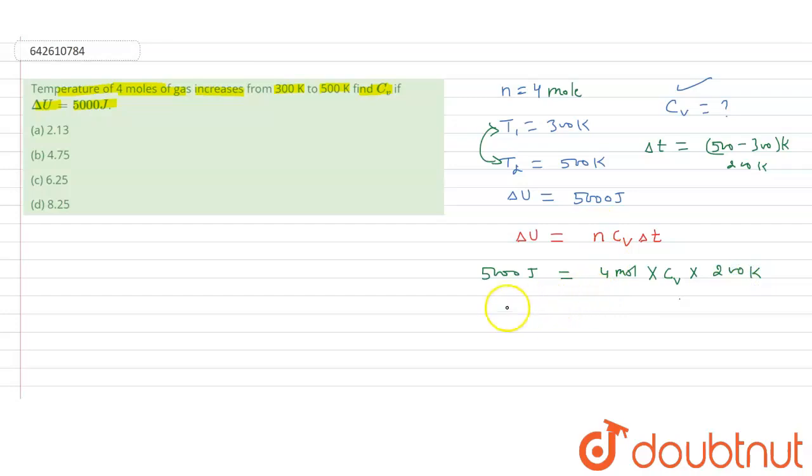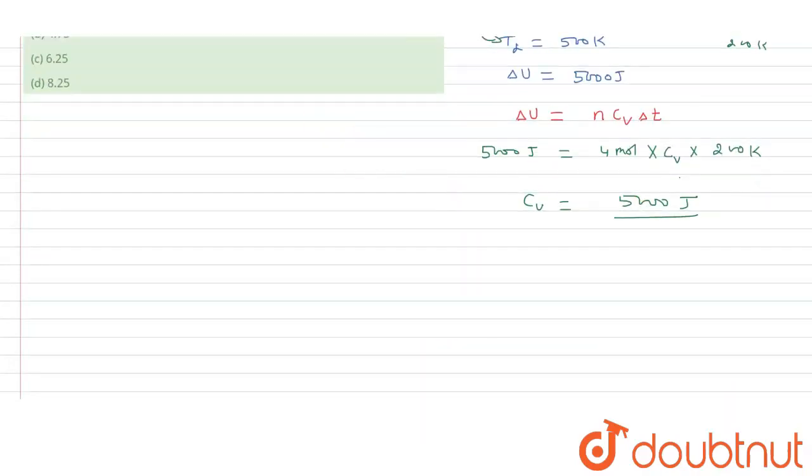So now we have to find the value of CV. CV becomes 5000 joule divided by 4 mole multiplied by 200 Kelvin.